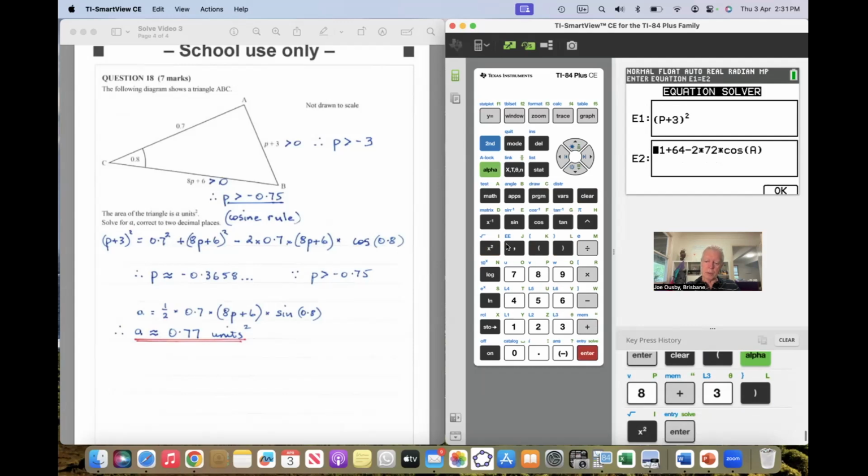And then, of course, if we clear that out, what we want here is 0.7 squared plus (8 alpha p plus 6) squared as well, which is there.